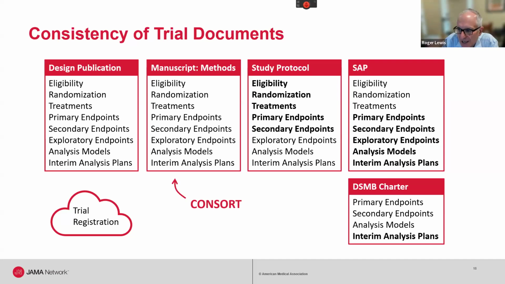One of the things that we look at a lot in the manuscript is the CONSORT diagram, which tells us the degree with which the patients were followed as intended by the protocol. Again, the reporting of patients being lost to follow-up or having missing data ideally would be clarified in the statistical analysis plan, meaning how it's going to be done. We want to see that in the manuscript.